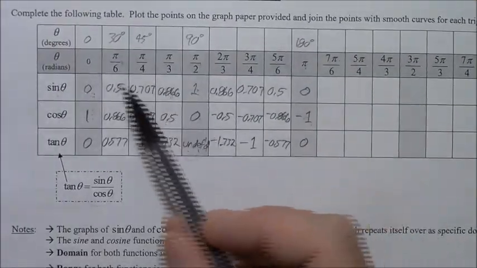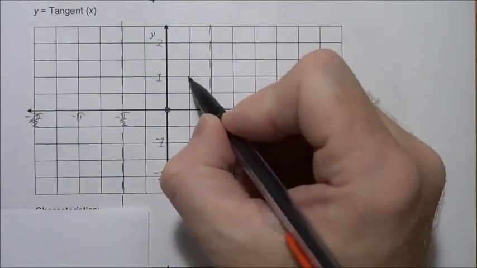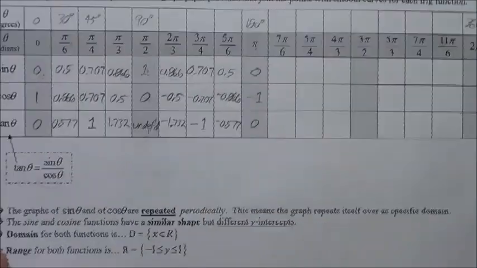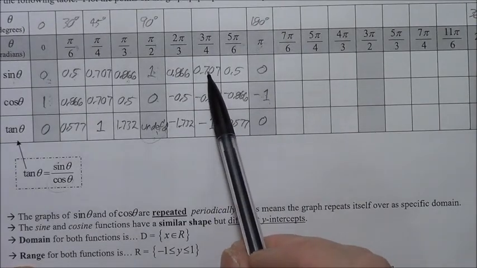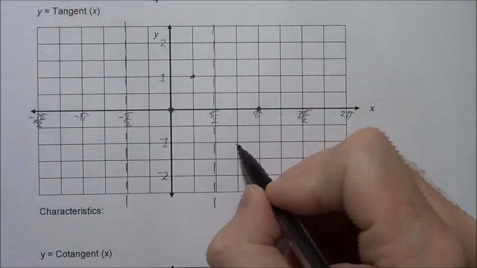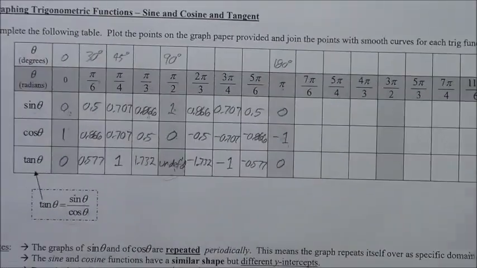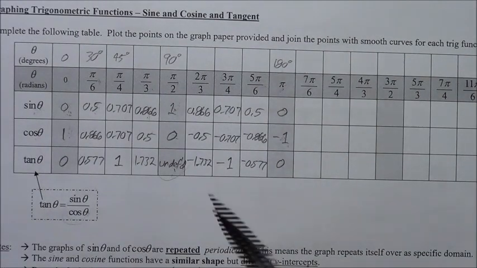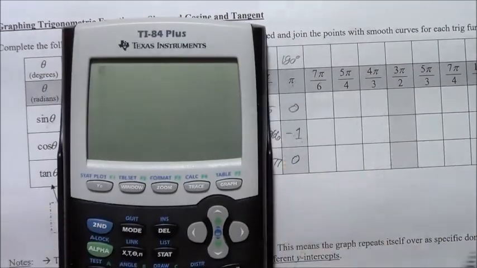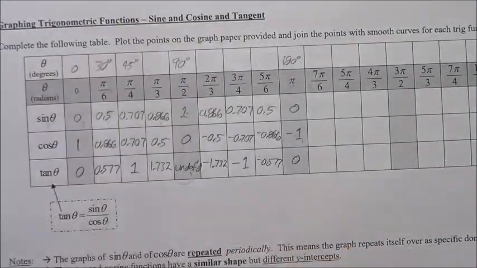We keep dividing these. So sine divided by cosine for pi by 4 is just 1. So here is just going to be 1. When you go into the second quadrant, for 3 pi by 4, we're going to have -1 for tangent. So that's going to be down here. And then if I divide this 0.866 by 0.5, 0.866 divided by 0.5 is 1.732 for tangent.